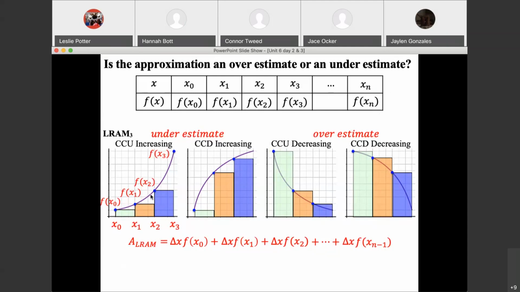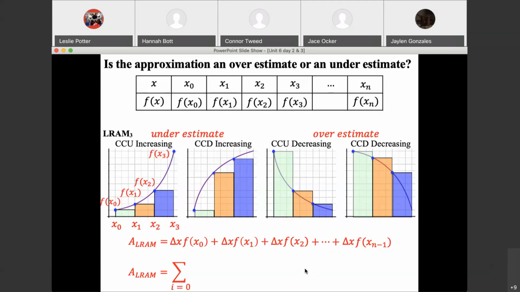So the LRAM uses all of the function values up to the one just before the end. It doesn't use the end one. Any questions about that before we move on?